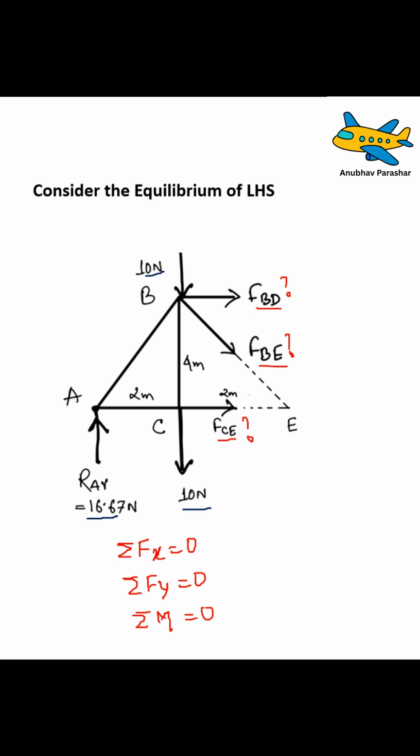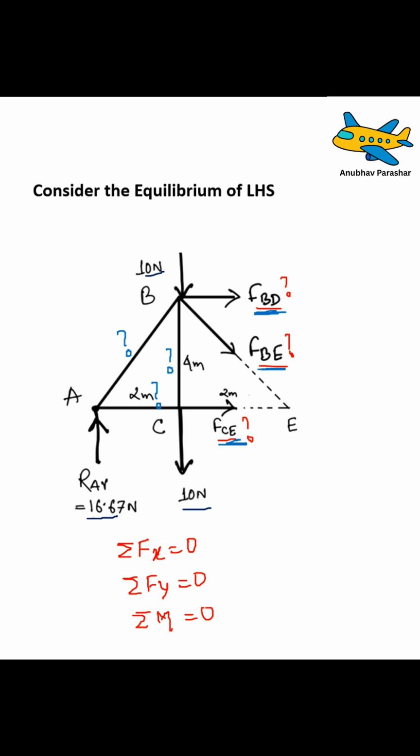But the doubt that arises in most of the students is, sir, you have considered the force in the member CE, the force in the member BE, and the force in the member BD. But why haven't you considered the force in the member AB, the force in the member AC, and the force in the member BC?